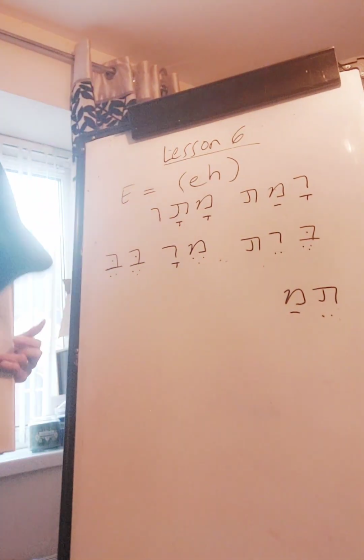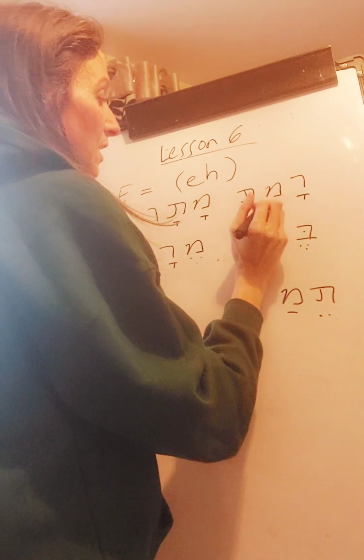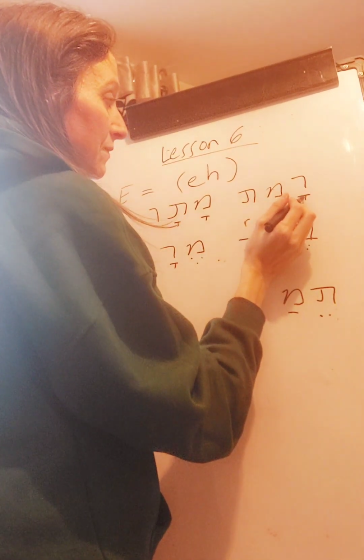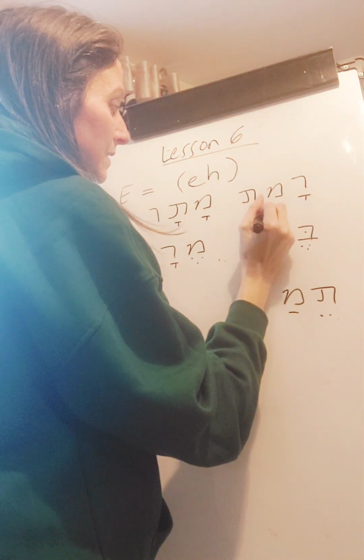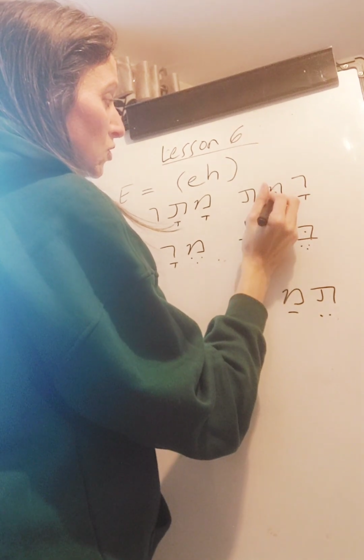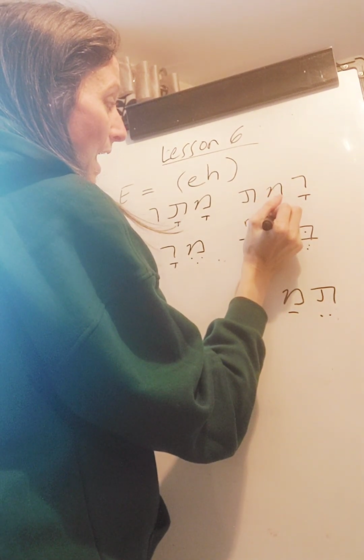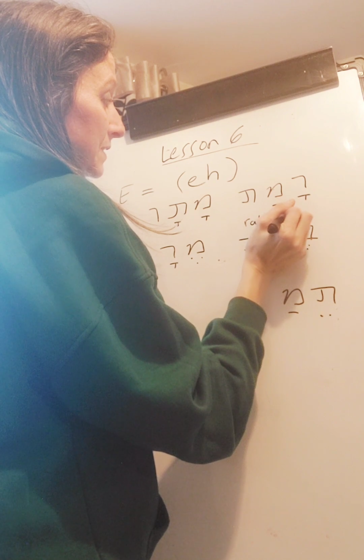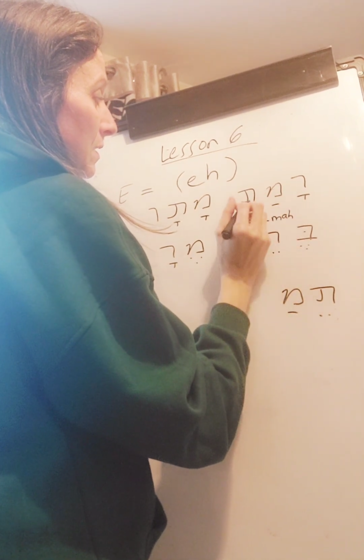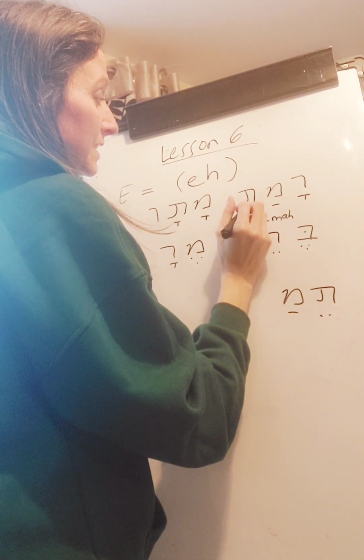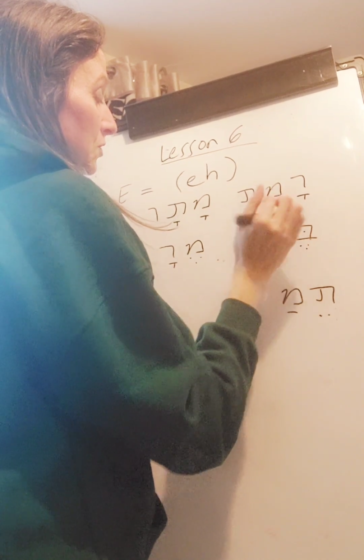We'll have a go at these ones. So first word starts with the R. Now we've got the A vowel underneath, which is A. So Ra. Then you go to the next letter, which is the M. A vowel underneath. To the next letter, it's just the T on its own with no vowel. So we'd read as Ramat.